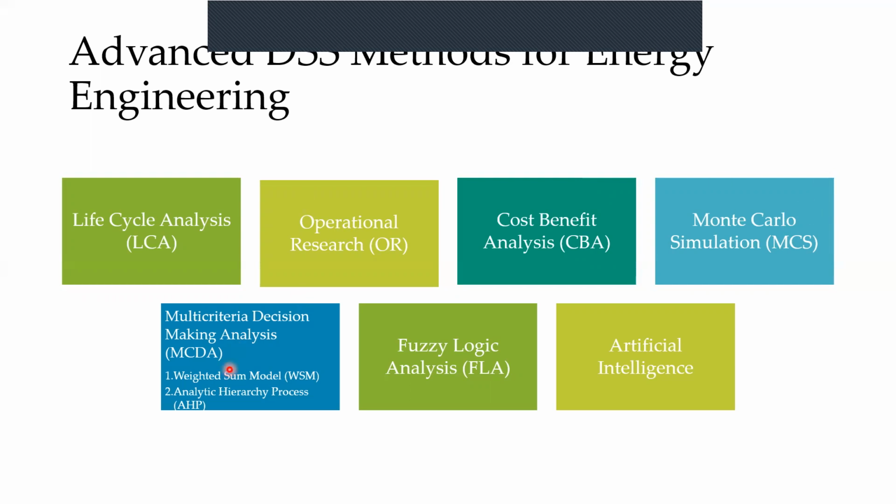Next is the multi-criteria decision-making analysis, or MCDA. Under that, we have methods such as the weighted sum model and the analytical hierarchy process. Like I mentioned earlier, in MCDA, we consider problems with multiple attributes like technical, economic, social, legal, and environmental.